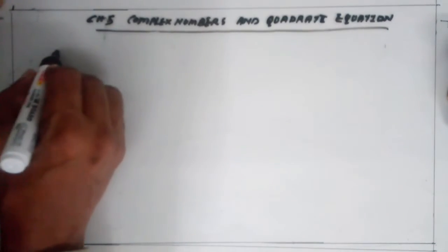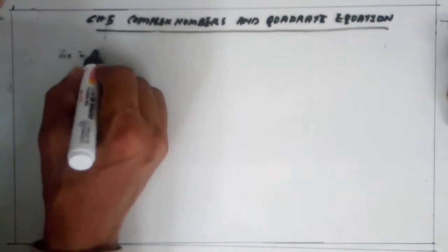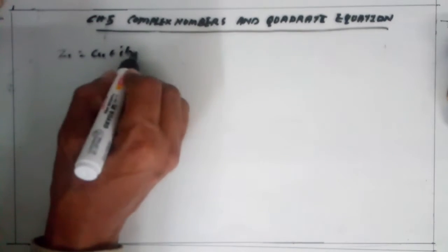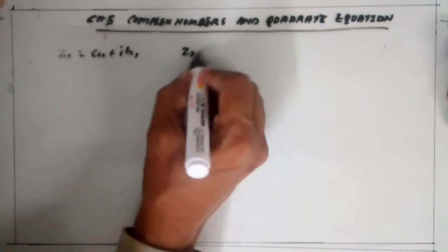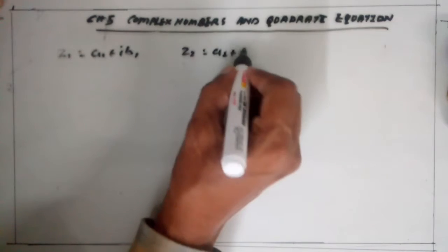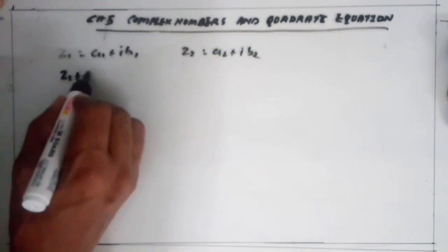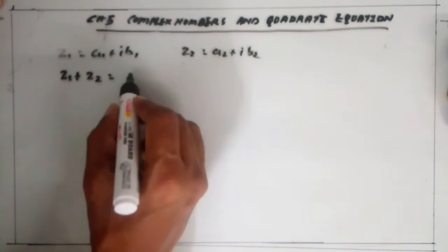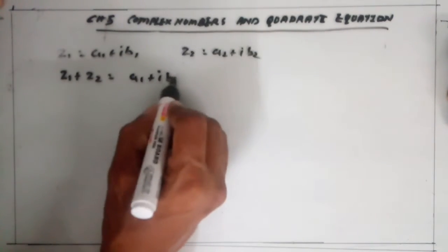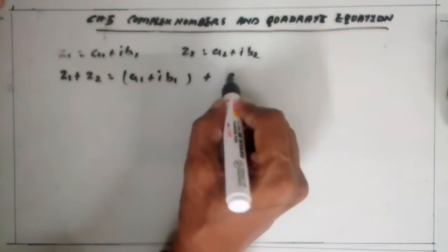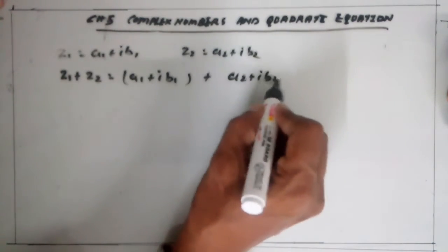Now, addition of two complex numbers and properties of addition. For complex number z1 is equal to a1 plus ib1 and z2 is equal to a2 plus ib2, addition of two complex numbers, z1 plus z2 is equal to a1 plus ib1 plus a2 plus ib2.